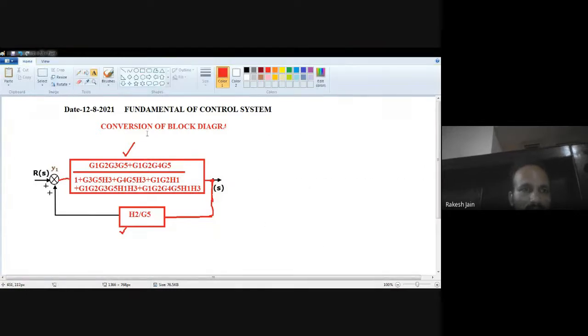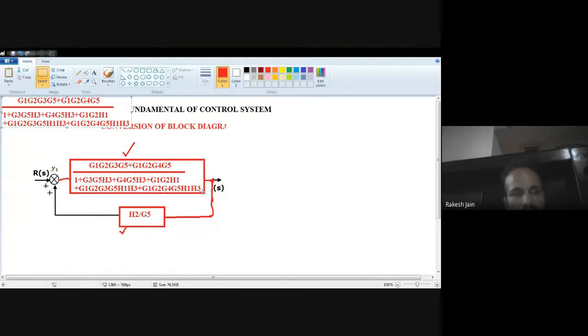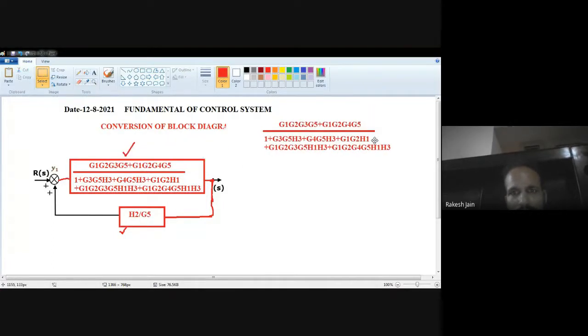The forward gain is this one. So what is the rule? The forward gain divided by, so I just write down the divided sign, and because now I have a space, I just move this.